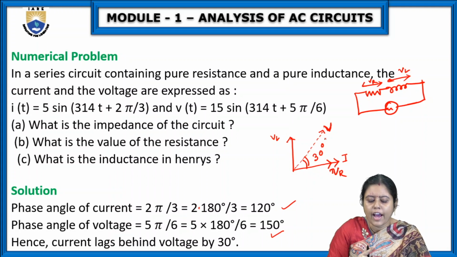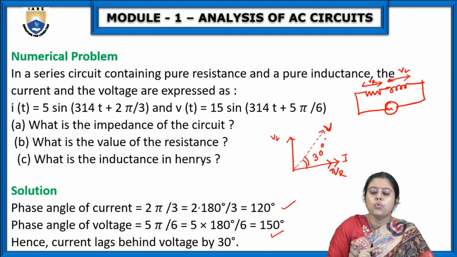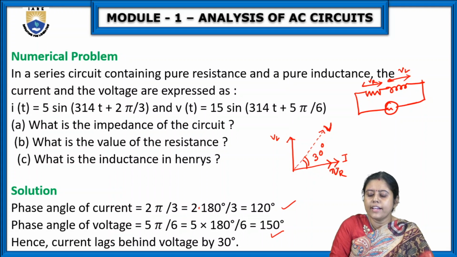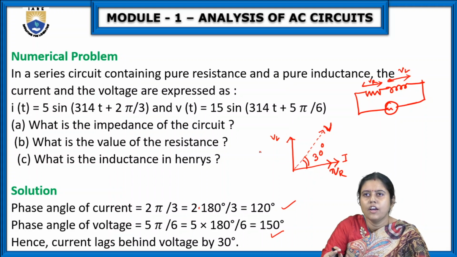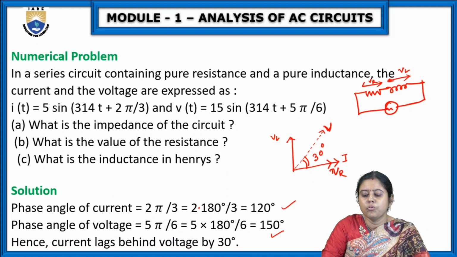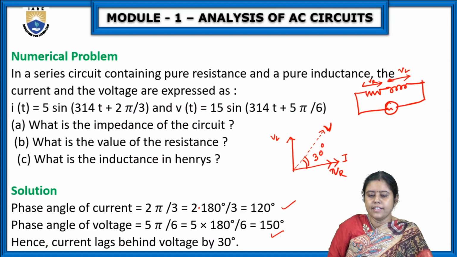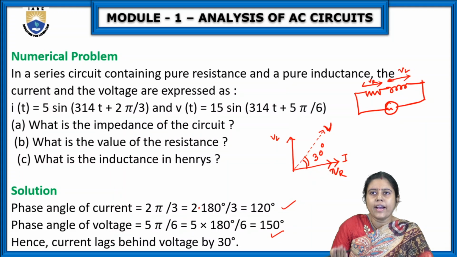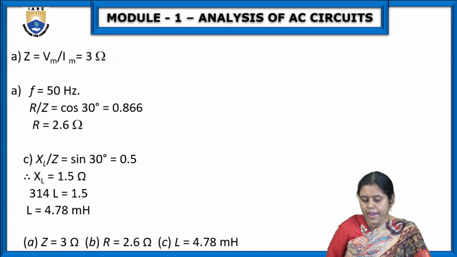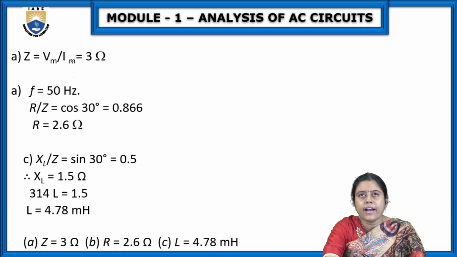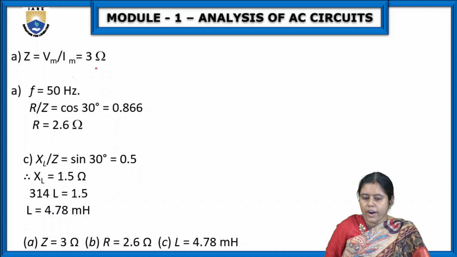Now, what do we have to do? We have to calculate the impedance. If I divide everything by current, we will get the value of Z. So Z is equal to V max by I max.